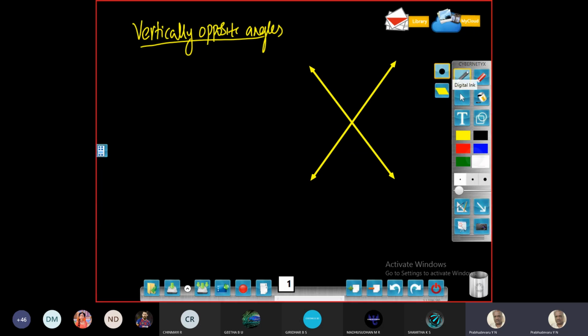So now we have some pairs of angles which are equal here. When two lines intersect each other, we get pairs of angles which are equal.